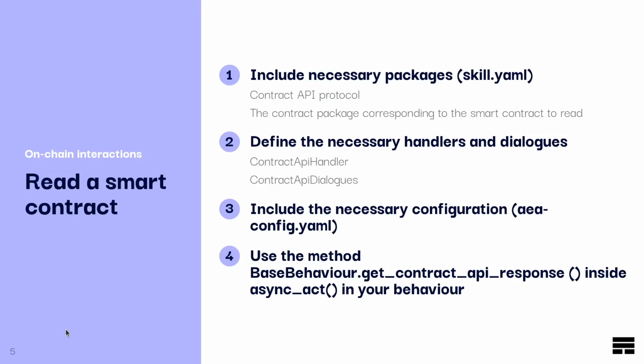We also need to define this boilerplate code for the handler, for the dialogues, and include the configuration also on the AEA config, the agent configuration file. And in this case, the method that we are using is get contract API response, which is very similar to what we were doing when reading ledger information. So obviously the parameters are going to change, but otherwise it's very similar.